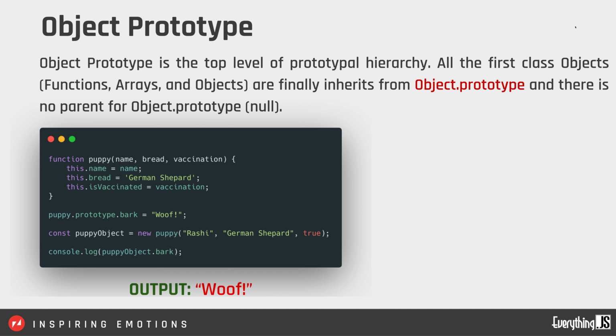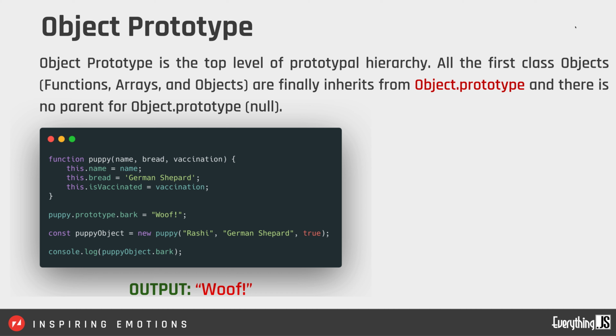The output is Woof. I will explain at the code level. First of all, we have defined a puppy function, and it has 3 parameters. Those are initialized to the properties called name, breed, and is assignated.